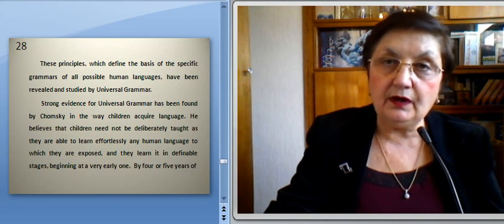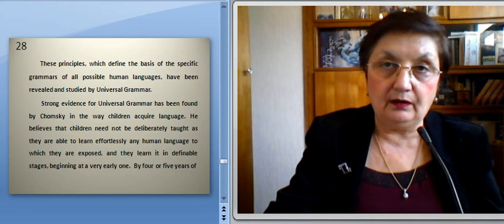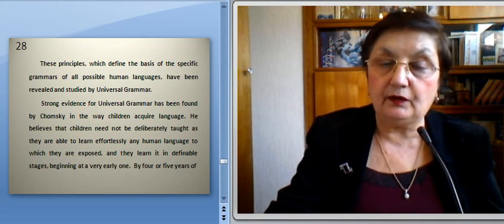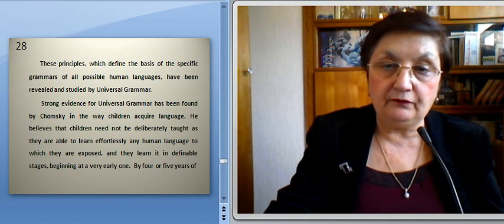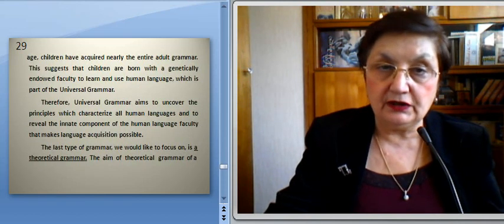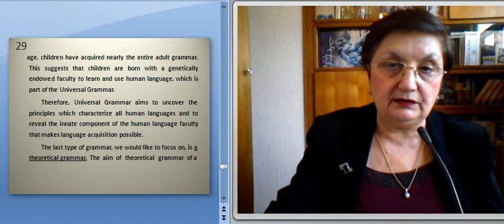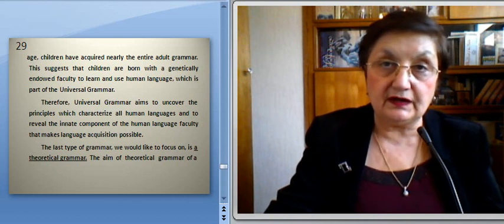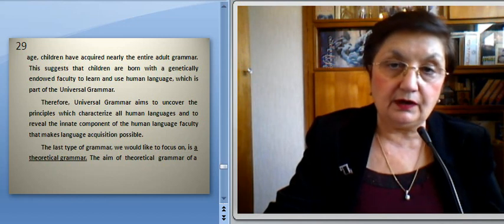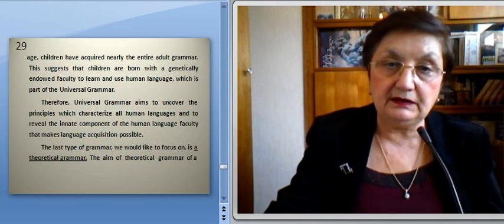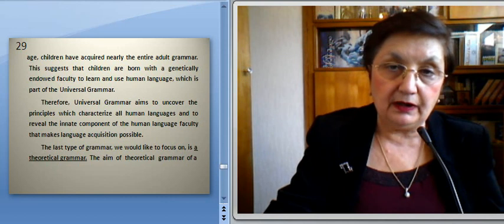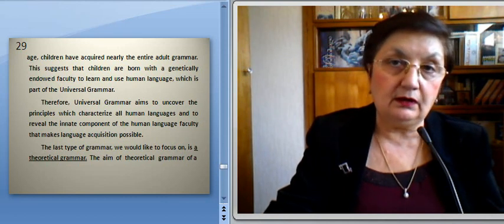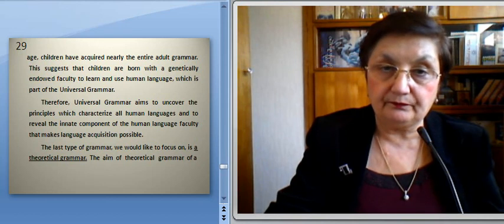This suggests that children are born with a genetically endowed faculty to learn and use human language, which is part of the universal grammar. Therefore, universal grammar aims to uncover the principles which characterize all human languages and to reveal the innate component of the human language faculty that makes language acquisition possible.